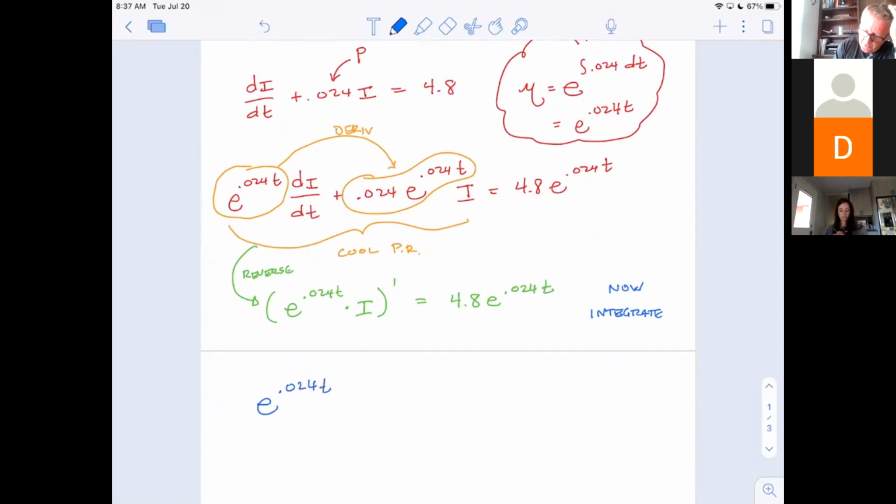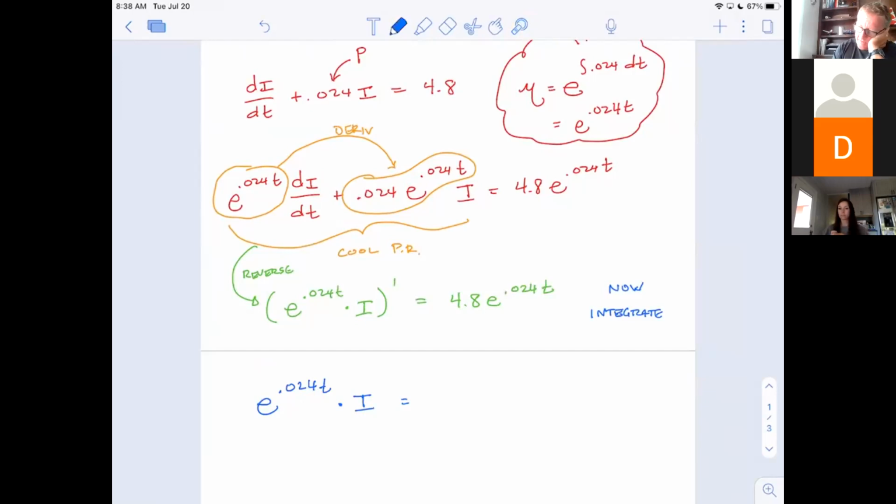Since the fundamental theorem of calculus says an integral and a derivative are inverse operations, I don't have to do it. You should see the brilliance of this, because the whole time I was trying to solve for I, not I prime. The original problem had I prime in it, and now I don't have any I primes anymore. I just have I, so all I'm going to have to do is divide by that and I'll be done.